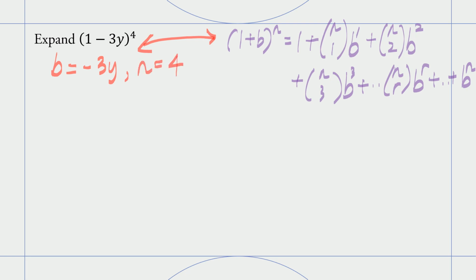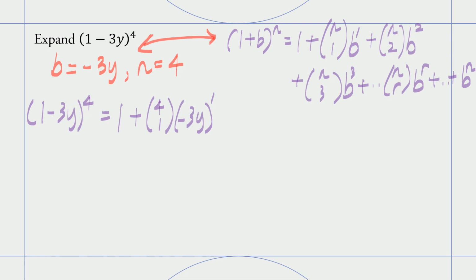So now we can substitute into the formula. So we start off with 1, then plus 4C1. So your b is negative 3y. Make sure you bracket it.